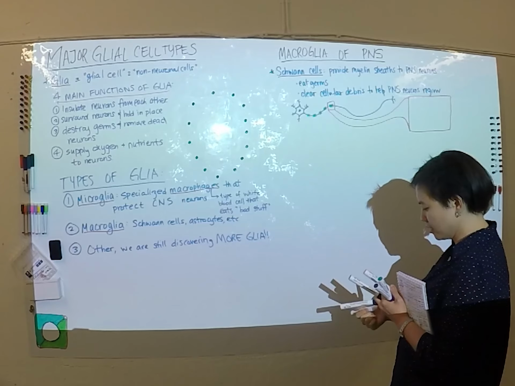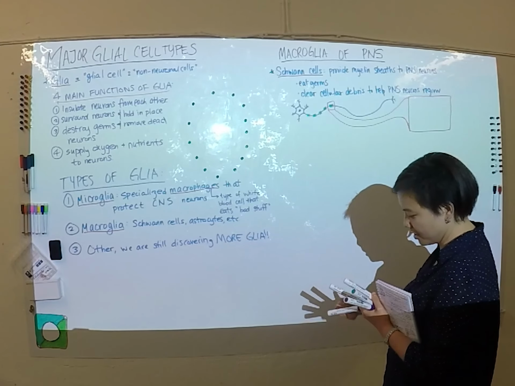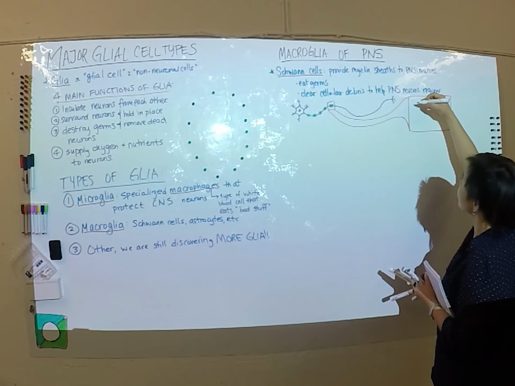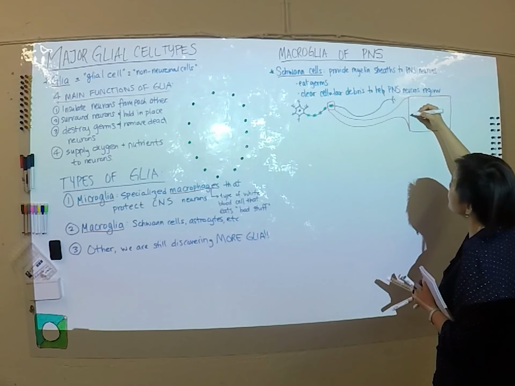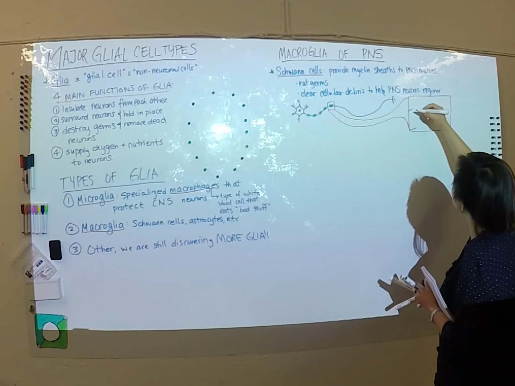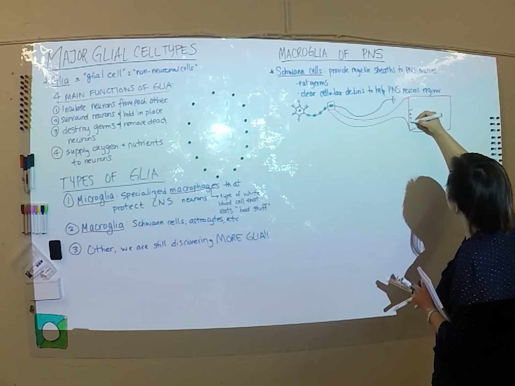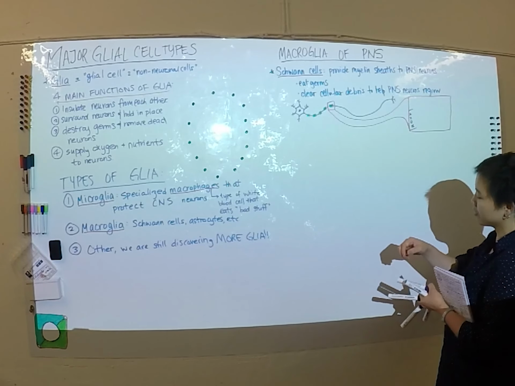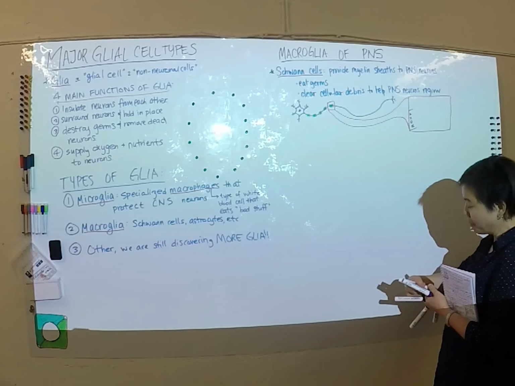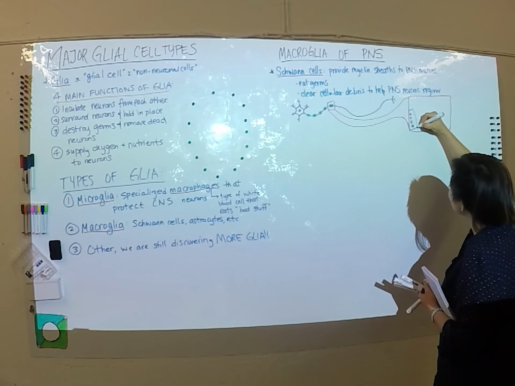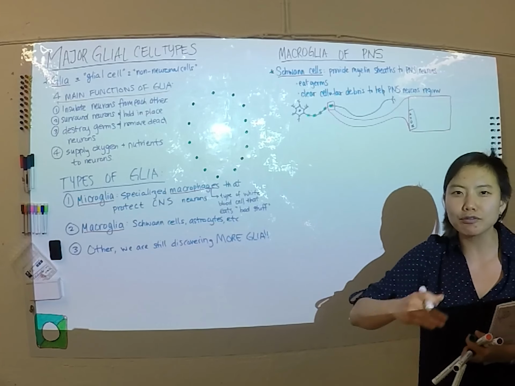All right. So, what is going on here? We've got our axon. If we are zoomed in, here's our axon. And then we've got the myelin sheath, which is actually like toilet roll.